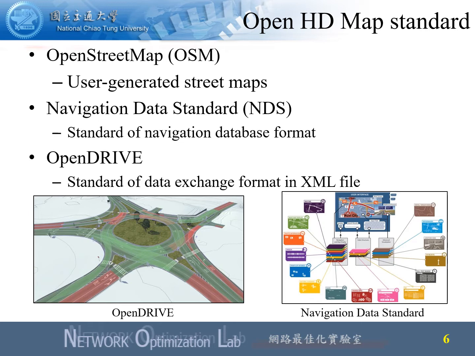NDS defines the database structure to store the HD map information. OpenDrive describes the data exchange format in an XML file, and various information in the traffic network can be changed to OpenDrive format.